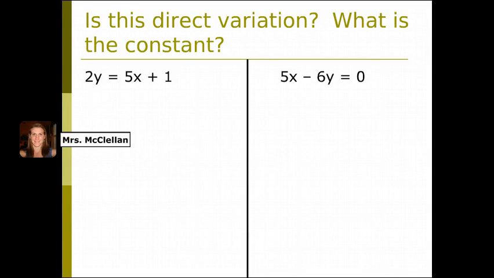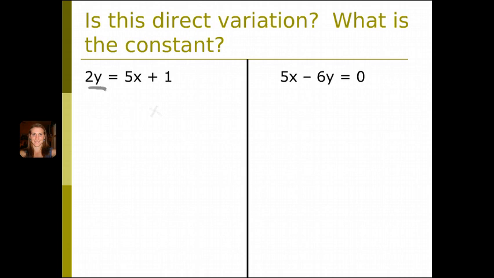Okay, we were once again trying to find out if these equations are a direct variation, and if it is, what is the constant? Now, we know y equals kx is direct variation. However, if you look at this equation, we do not have y by itself, so we can't compare it to the original like we did in the earlier examples. What we must do first is solve for y.